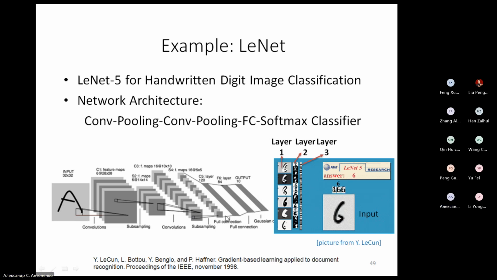Then we obtain 16 features, and we downsample them with max pooling to 5 by 5, 16 of 5 by 5. If we take this tensor, this three-dimensional matrix, 16 by 5 by 5, how many numbers is it? It's 400 numbers.